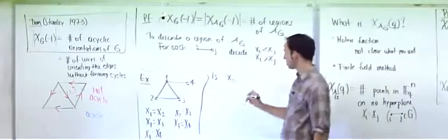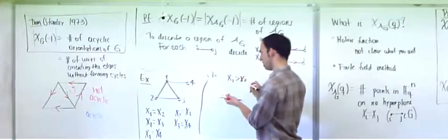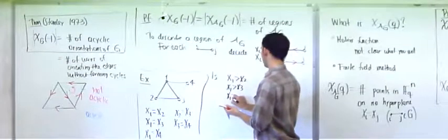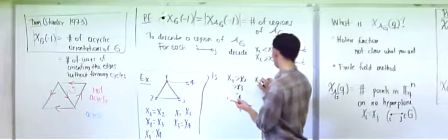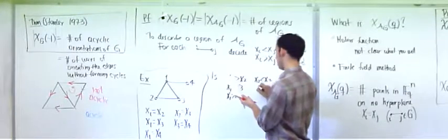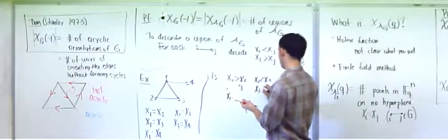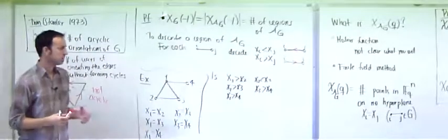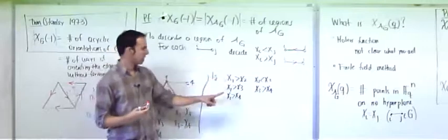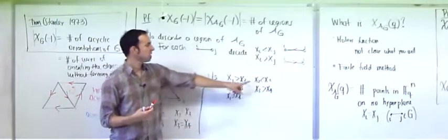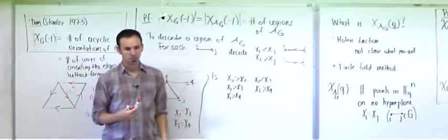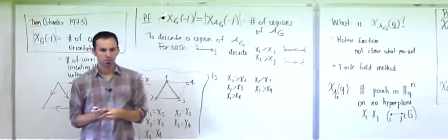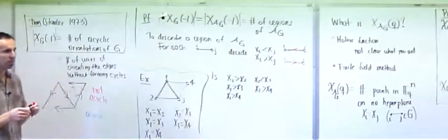So I choose, for example, that x1 is bigger than x2, x1 is bigger than x3, x1 bigger than x4, x2 less than x3, and x3 bigger than x4. So I'm telling you, I'm the region that is on the positive side of this hyperplane, positive side of this hyperplane, positive side of this one, negative of this one, positive of this one. Now, could I possibly be that region? If you look at the inequalities, am I really describing a region here?